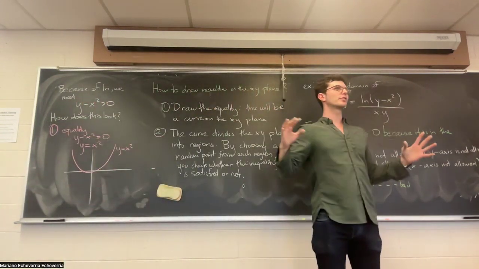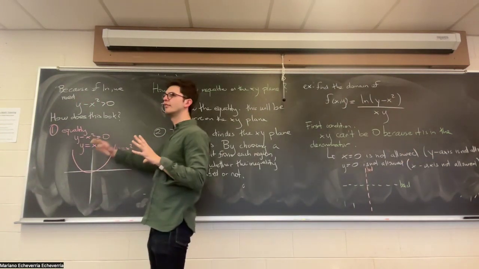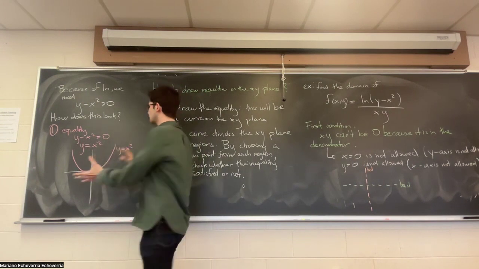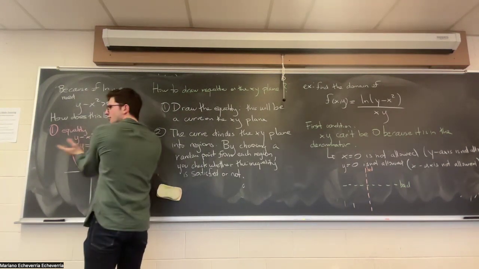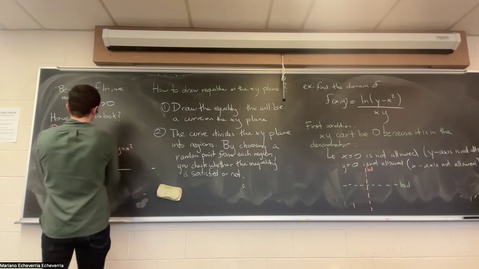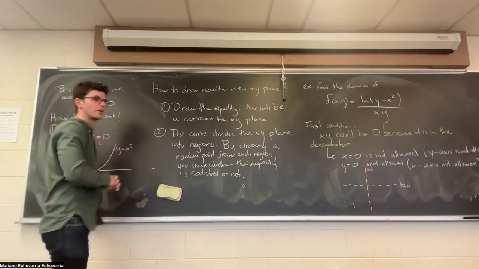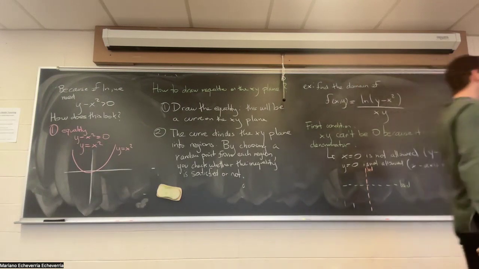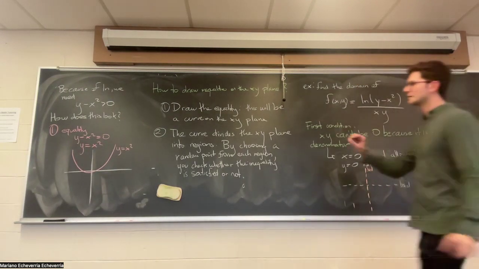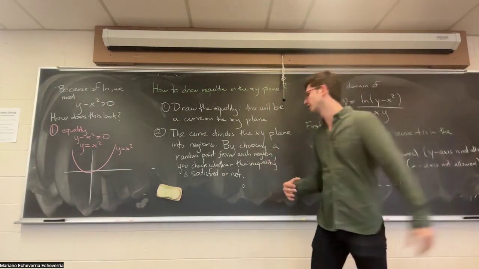Okay, so you draw a curve on the XY plane and you see this divides the plane into two pieces, one inside the parabola, if you want to call it that, and the other outside the parabola. Then in step two, you test each region with a random point.